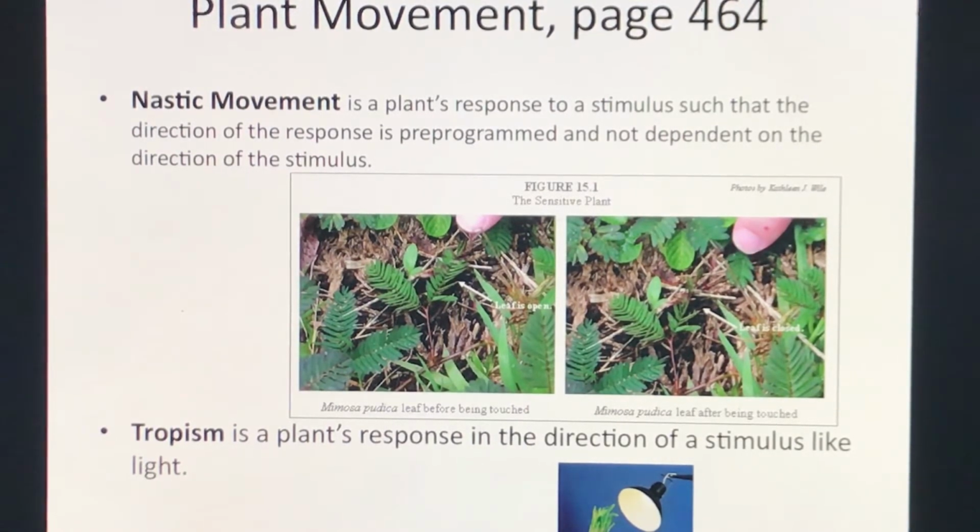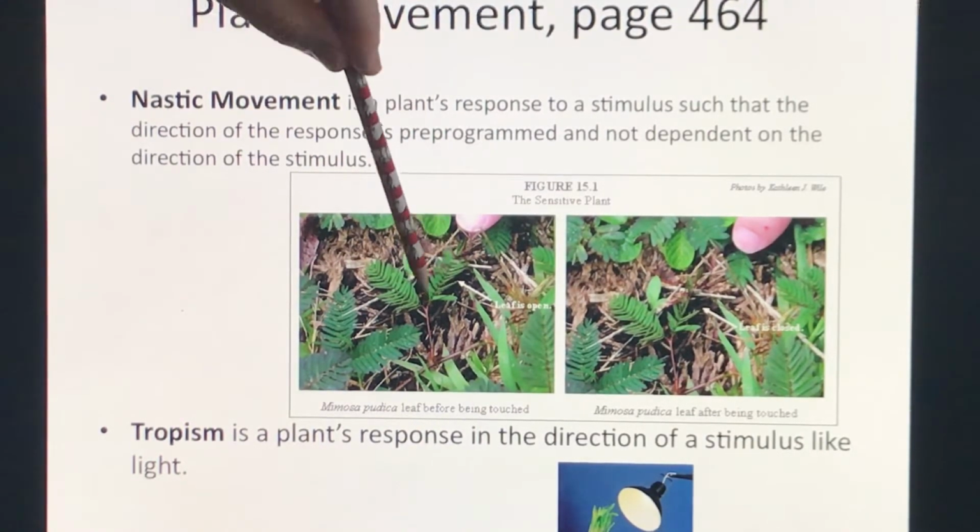What they're talking about here is the movement of a particular plant, that it has a response to stimulus such that in the nastic movement, for example, the direction of the response is just pre-programmed and not dependent on the direction of the stimulus.